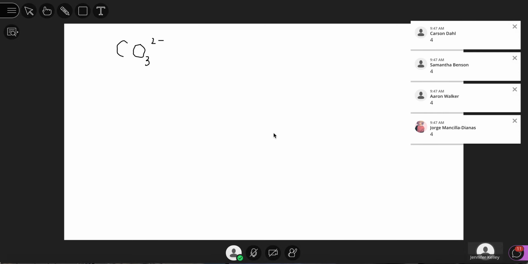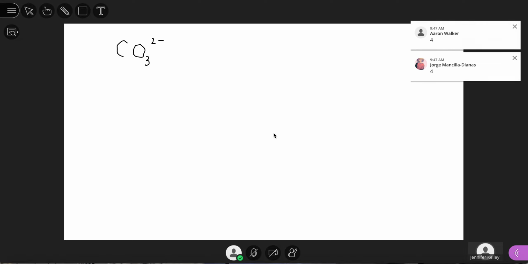All right, so the first thing we want to do is calculate how many valence electrons it has, plus whatever its charge is. So if carbon is in group 4A, how many valence electrons does carbon have? 4. We just have one of them, so it's times 1, so we just leave it as 4.